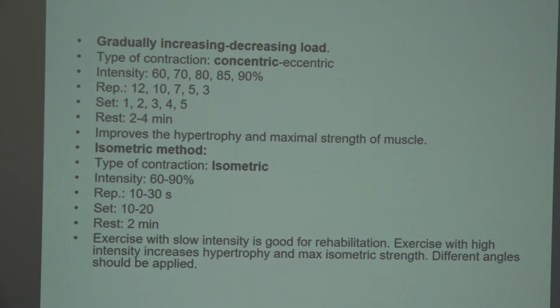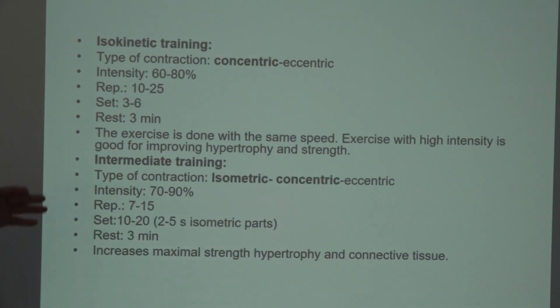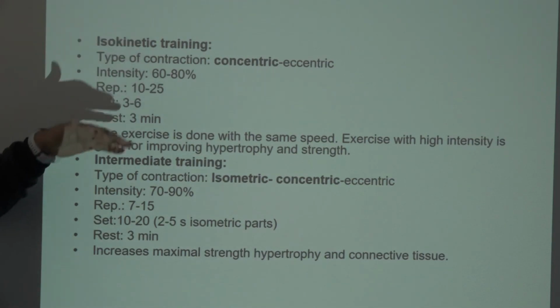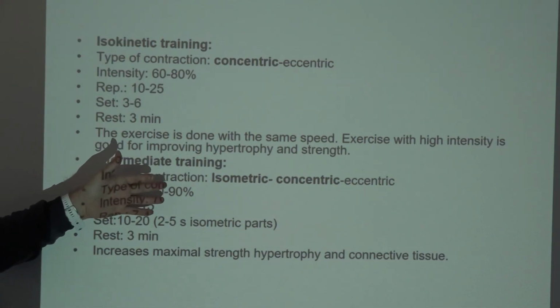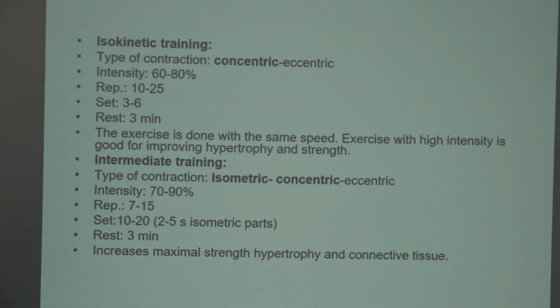So as a supplementary exercise, I would really recommend doing isometric exercise. So we have isokinetic training when the speed is constant. We have intermediate training, a mixture of isometric and eccentric, isometric and concentric exercise.